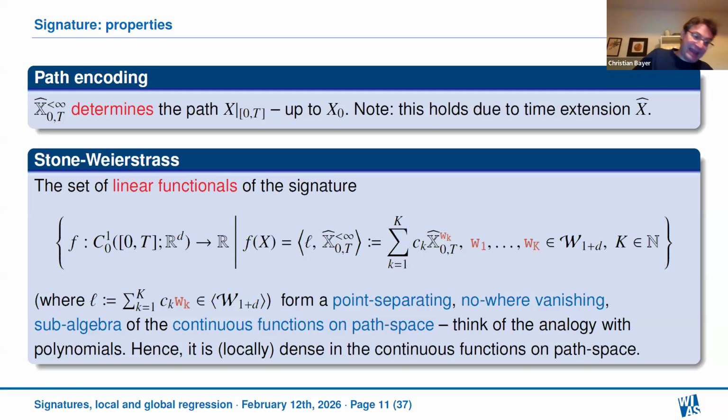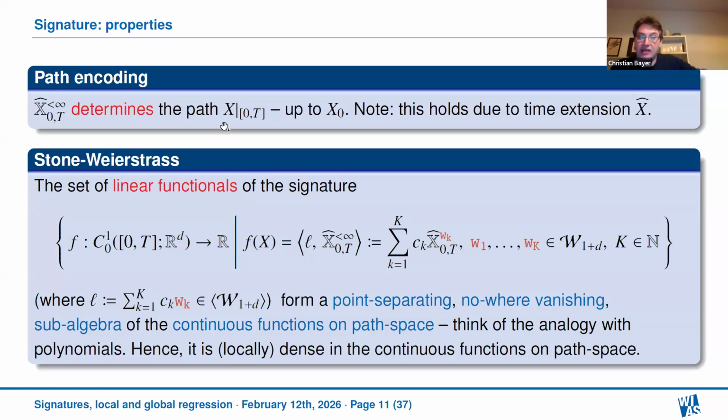Right. And as a consequence of this, and some structural properties of the signature, it turns out that we can use the Stone-Weierstrass theorem because the linear functionals, and here I really mean finite linear combinations of iterated integrals, linear functionals of the signature form a subalgebra of the continuous functions on path space, which is point separating.